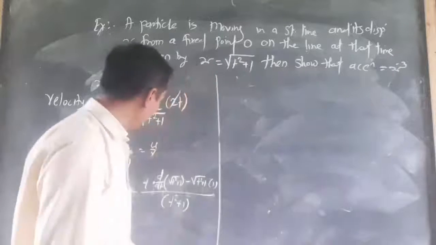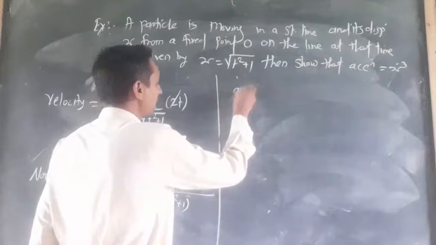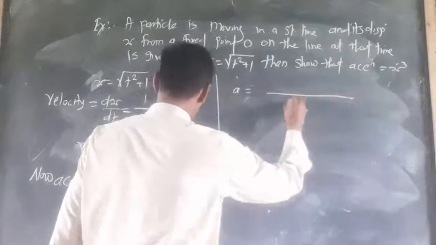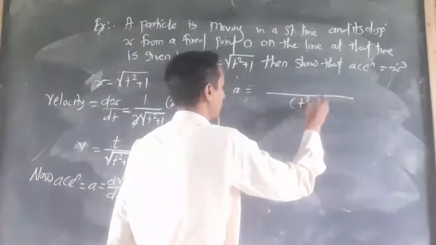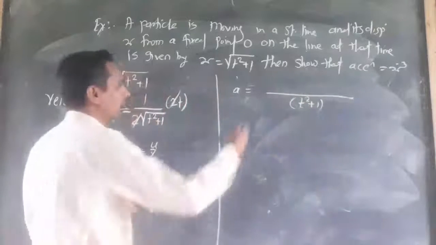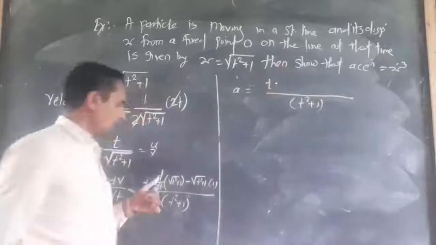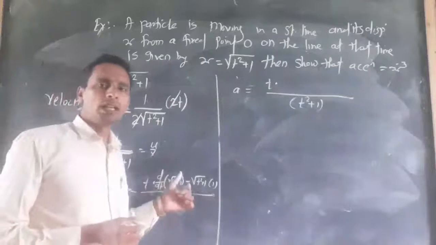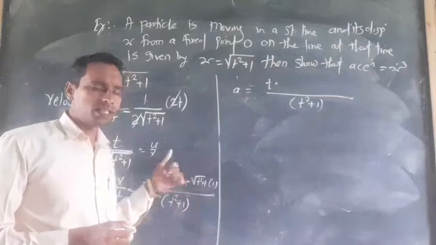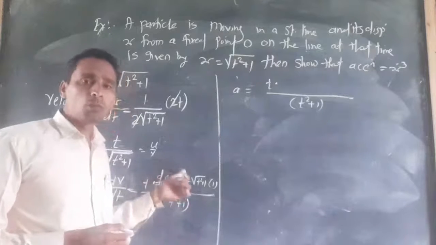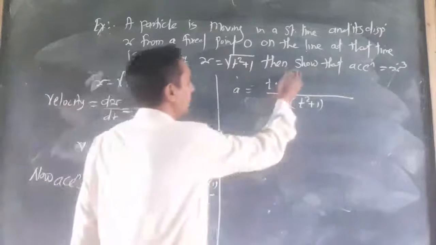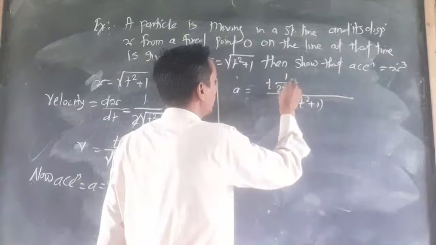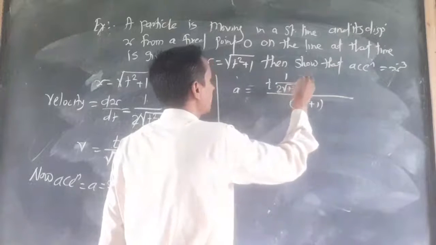If we simplify it, acceleration a is equal to denominator t square plus 1. In numerator, t into derivative of the under root function. The derivative of root x is 1 upon 2 root x, so the derivative of this function is 1 upon 2 times root of t square plus 1.